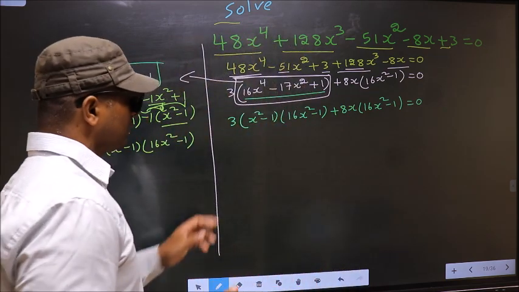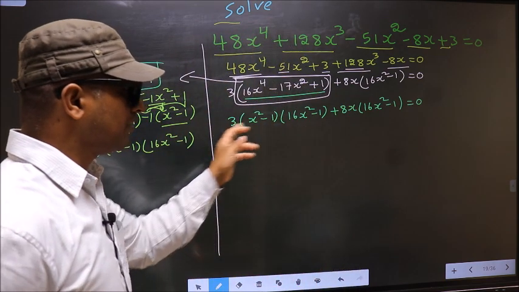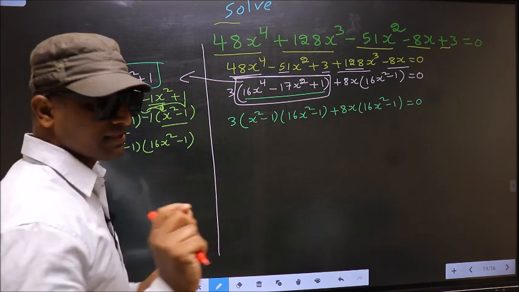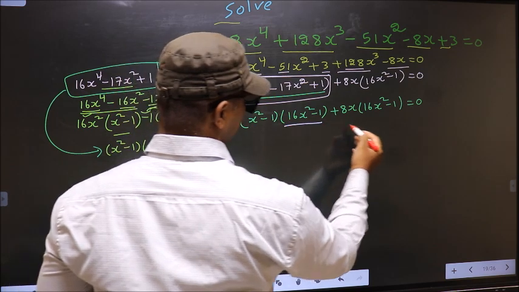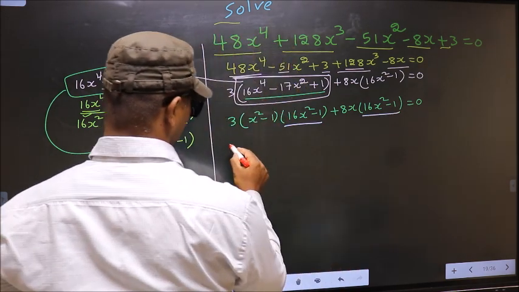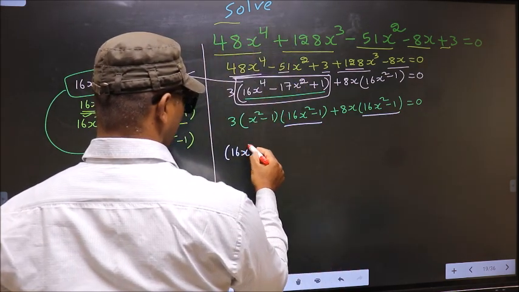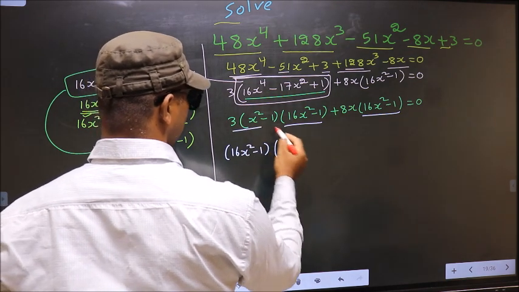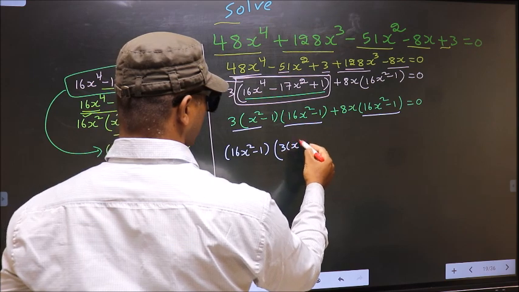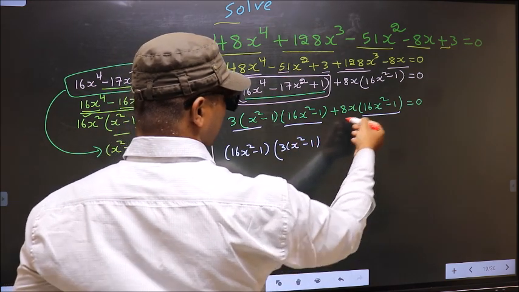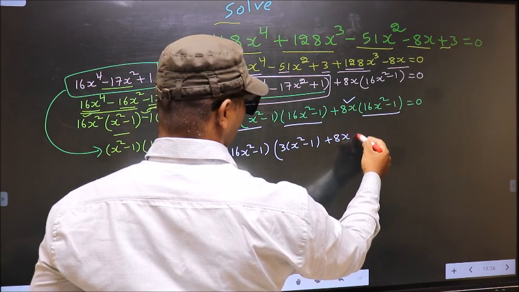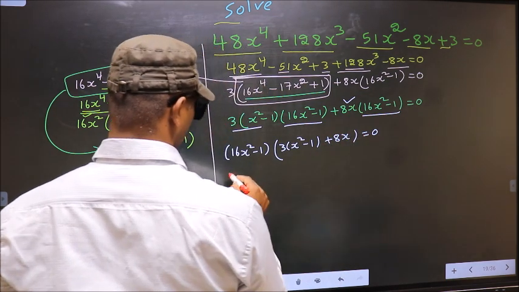Now, from this entire equation, what can be taken out common is 16x square minus 1. So 16x square minus 1 out. Over here you are left with 3 times x square minus 1, and over here you are left with plus 8x, equal to 0.